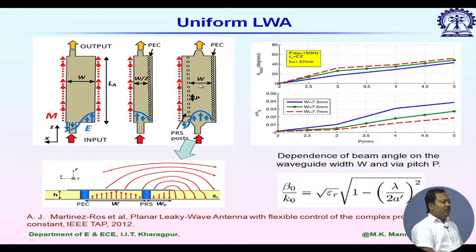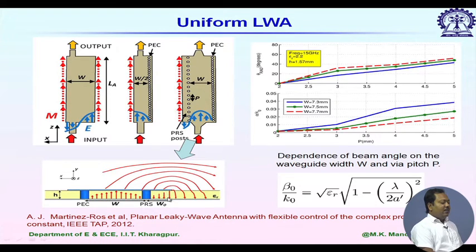We can control W to change beta, and you can see for this left hand side chain of vias, they are changing the pitch using wider pitch, so that we have some leakage from this. And for this structure, if we plot the electric field, it looks like this.